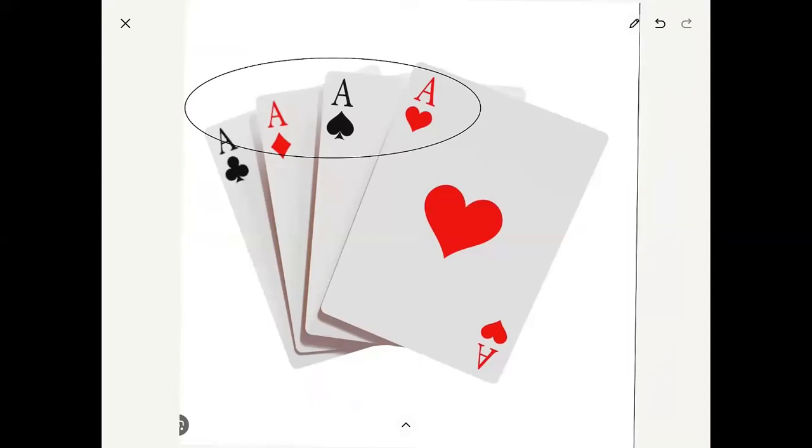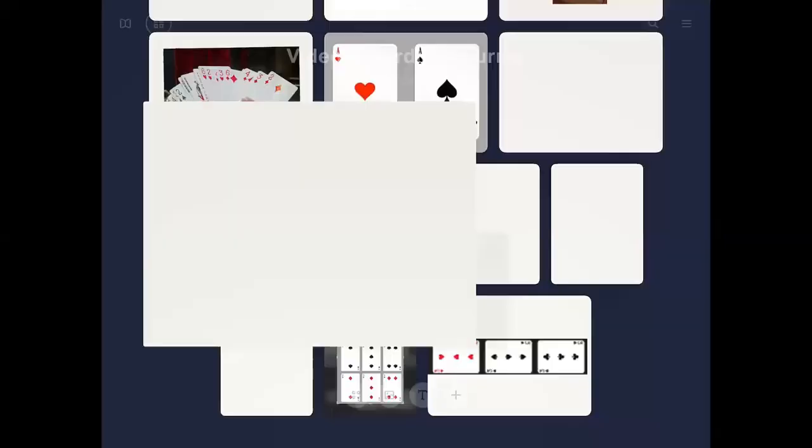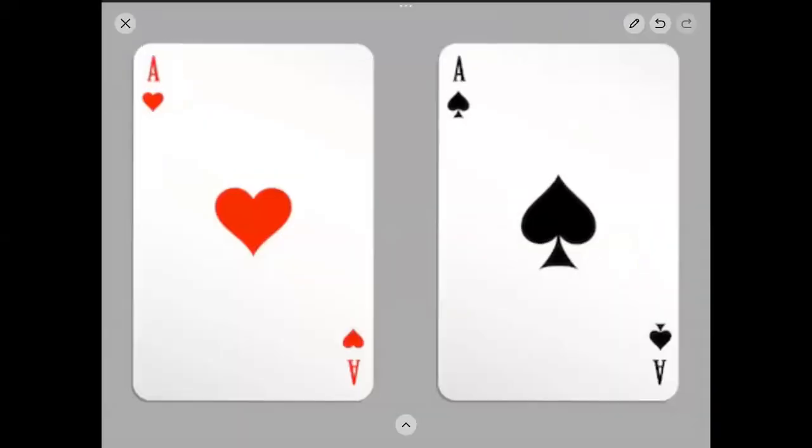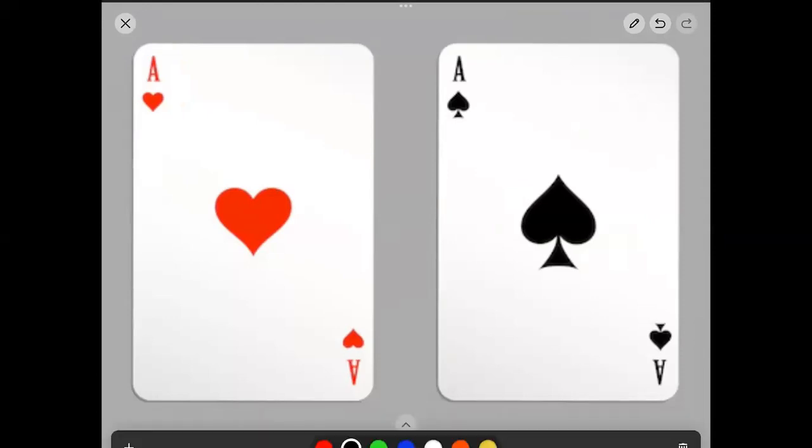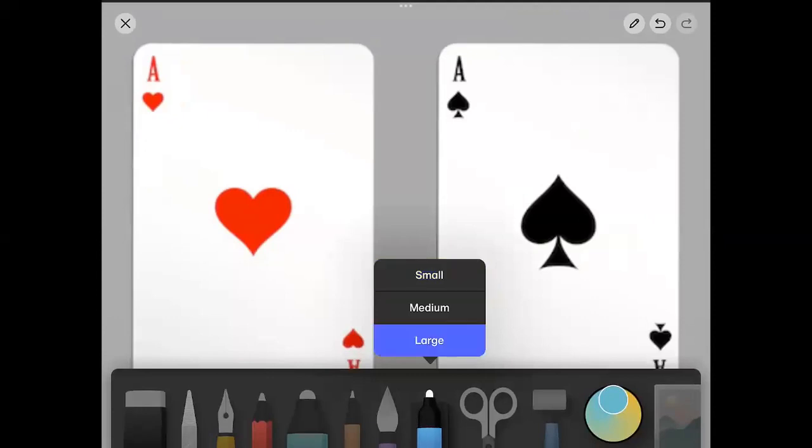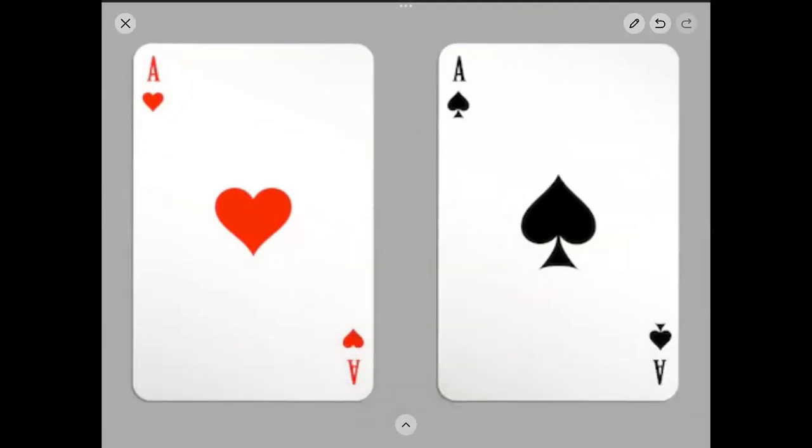And that's important. Now, the reason that I'm using that is when you are trying to simplify square roots or cube roots or fourth roots, we're going to be using this image. For instance, if we were trying to simplify a square root, we would be looking for pairs of numbers that are the same. So in this case, square root, we're looking for two of the same kinds of cards.